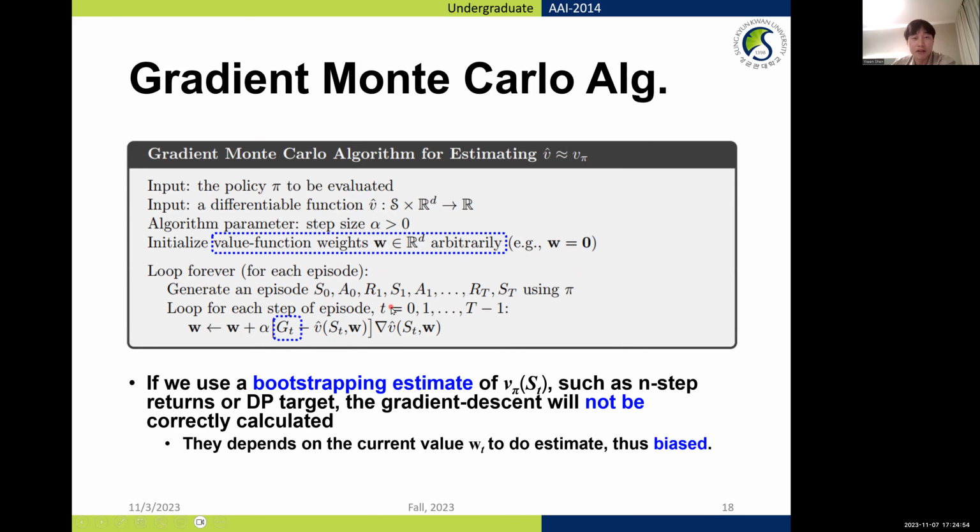At the end of the sequence, we update the state value for each state. G_t is the return, so we can calculate it, then with this W_t we can update W.